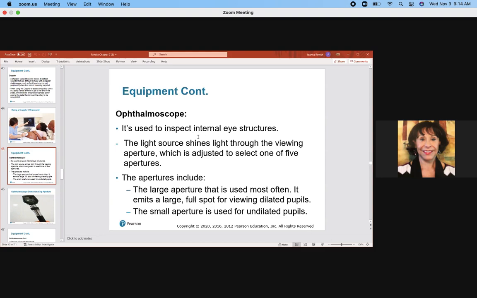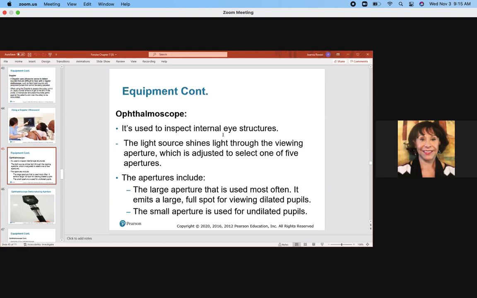Only nurses that work perhaps in a doctor's office that specializes in eyes, like ophthalmologists or optometrists, will be able to utilize the ophthalmoscope. But nevertheless, you need to know what the ophthalmoscope is for and how it looks.